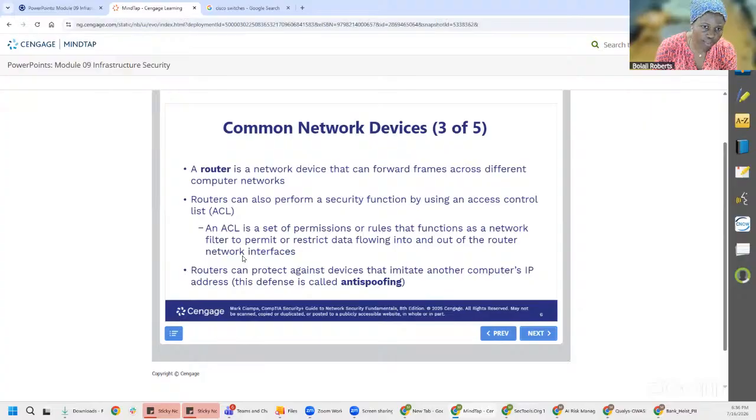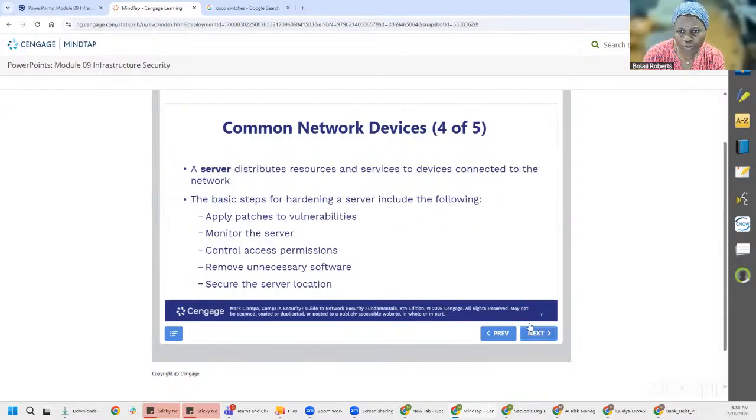So routers can protect against devices that imitate the computer's IP address. For example, they have an anti-spoofing function. At the router level, you can say permit port 443, deny port 23, deny port 80. So you could configure an access control list at the router level.